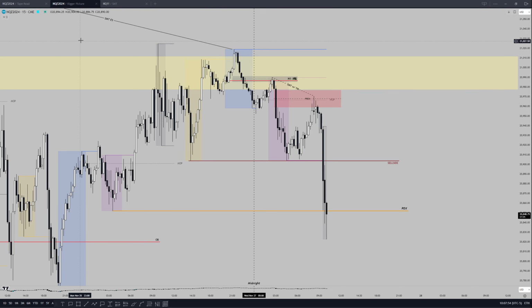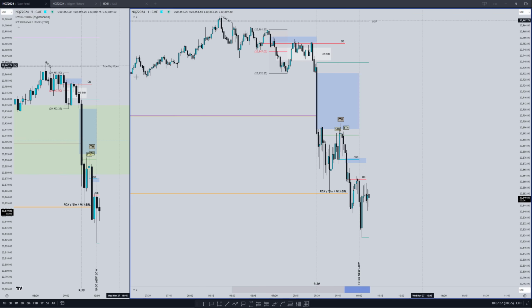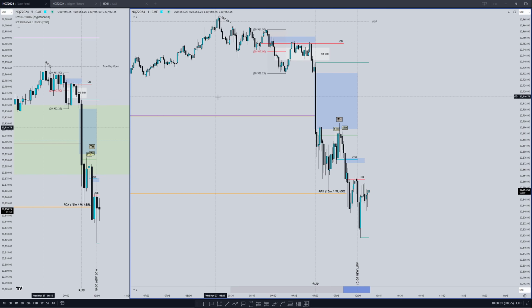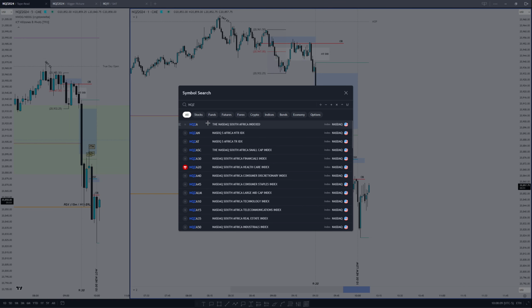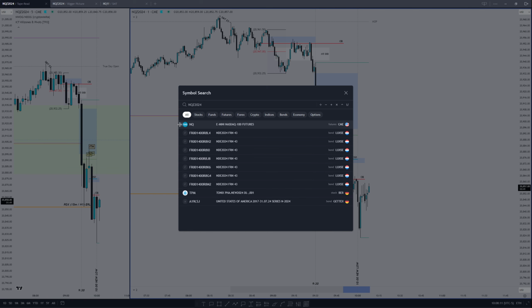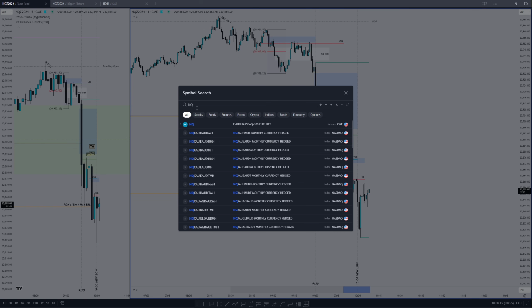But in terms of bias and intraday profile or intraday tape reading, I'm going to use the current contract. I don't know when it actually expires. I think this is the December contract, right? Yeah, December. And then the next one is what? March.